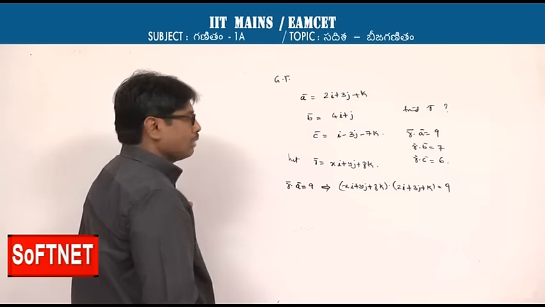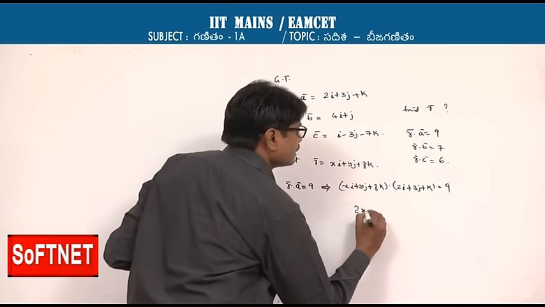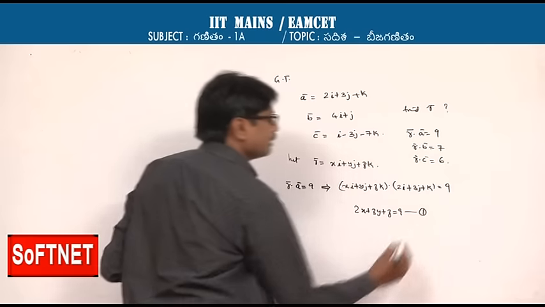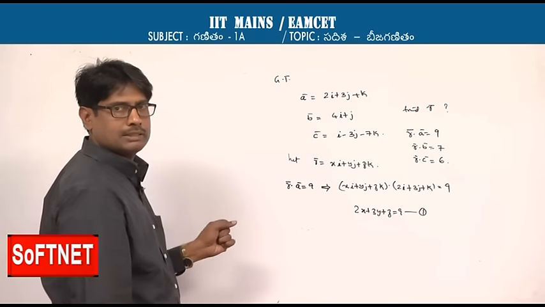Applying the dot product between these two, we have 2x plus 3y plus z is equal to 9. First equation, a relation between x, y, z.